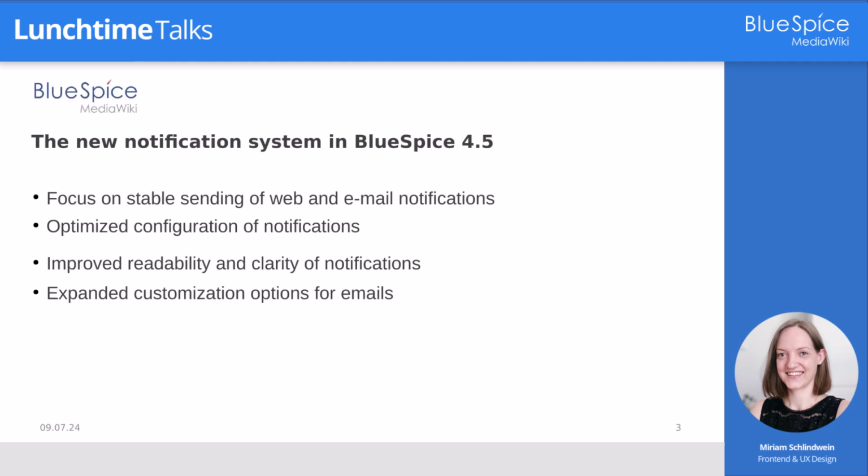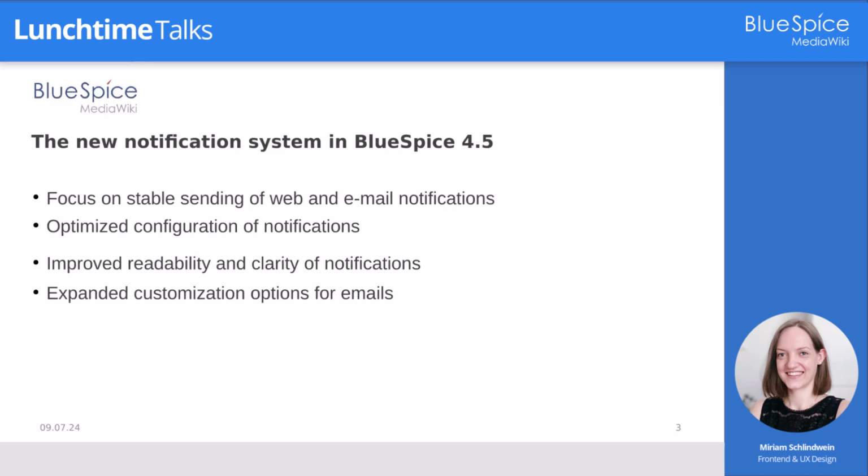Even if there are bugs inside of Echo, we cannot fix them so easily. So that's why we focused on our own extension to get all changes tracked and to focus on a stable sending of web and email notifications, so that you really get the information that something has changed in the wiki.